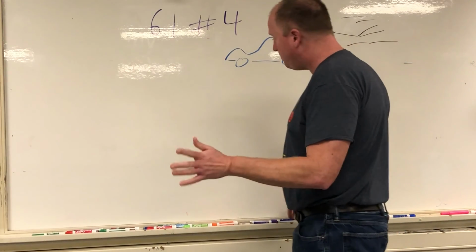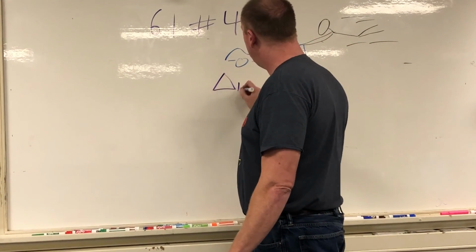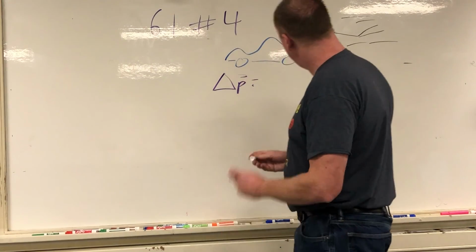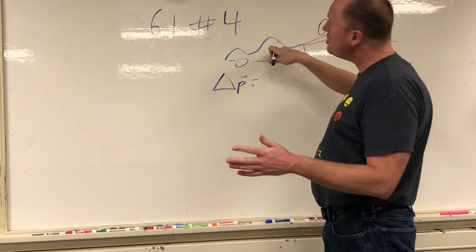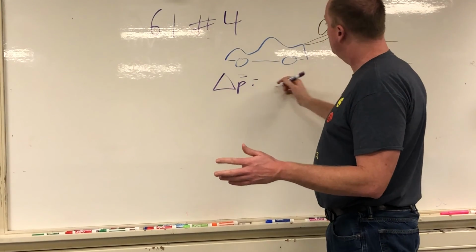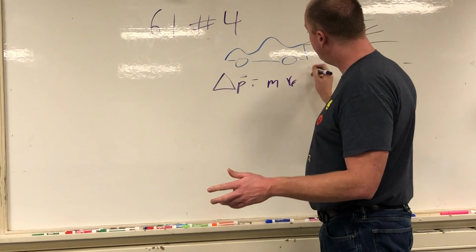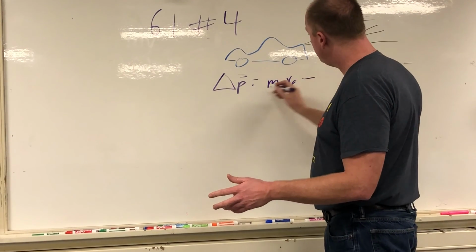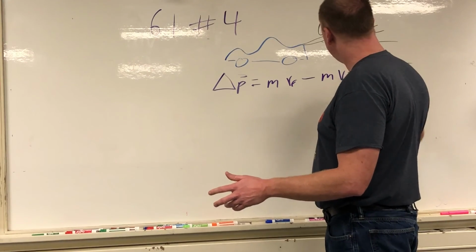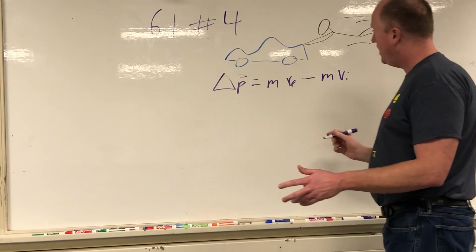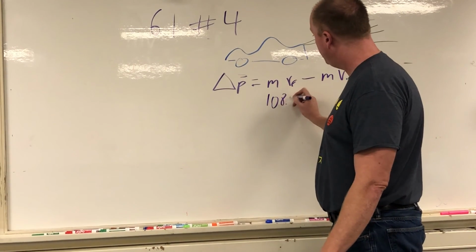So, impulse is equal to the change in momentum, which, let's think about it. Now, it's not your car's momentum, it's you. So it's my mass times the final velocity minus mass times the initial velocity. My mass has not changed much by this, so I'm still 108.9.